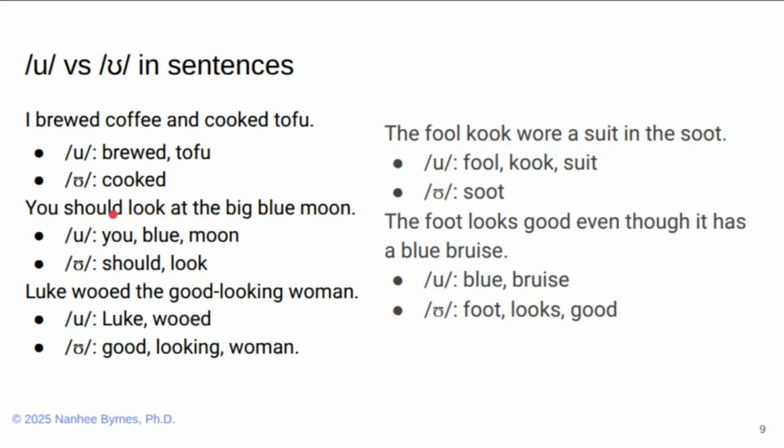In Luke wooed the good-looking woman, both Luke and wooed carry the tense oo sound, but it shifts quickly for good, looking, and woman, which all contain the lax ʊ. The fourth sentence, the fool kook wore a suit in the soot, gives us a playful mix.